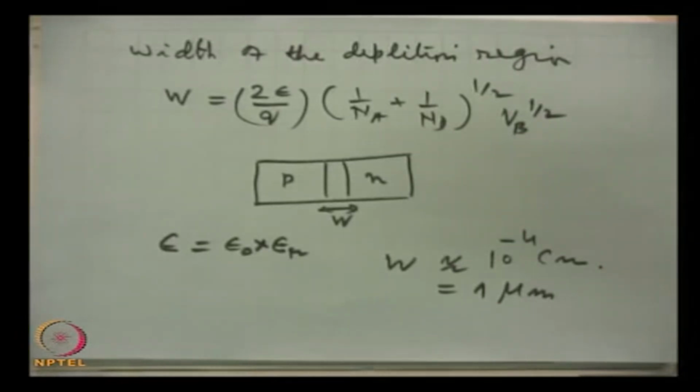Now, we continue and talk about what happens when we bias the junction. By biasing, we mean we apply an external voltage. There are two possibilities.